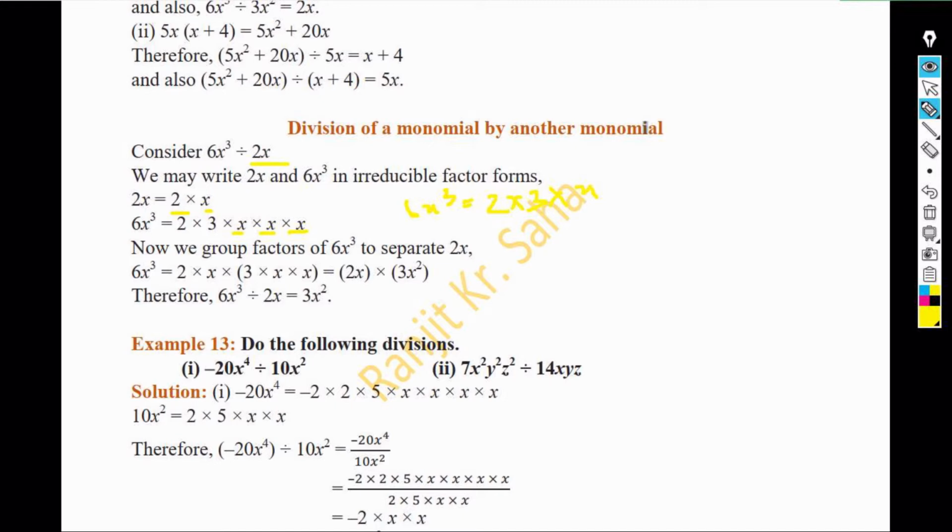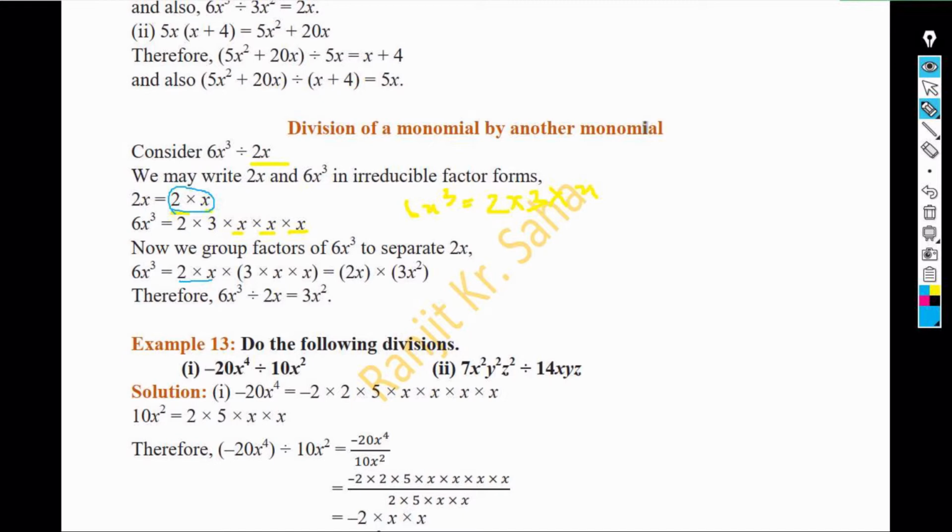We can also write 6x cube as 2 into x, keeping this 2 into x separate, into 3 into x into x.